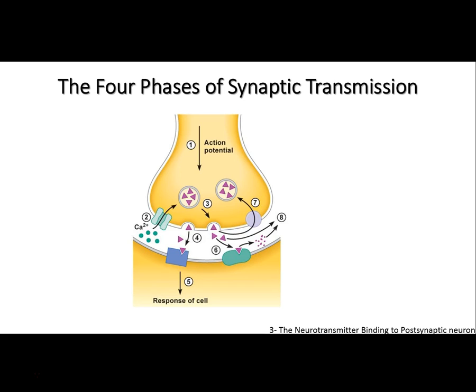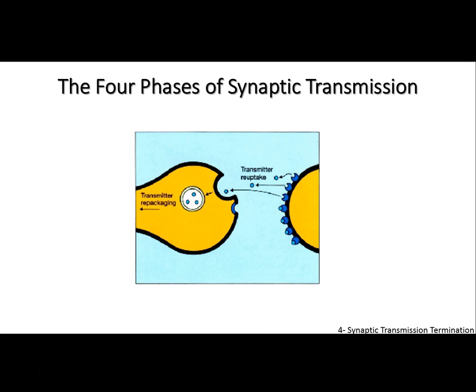Then we have the binding to the postsynaptic neuron, where after the neurotransmitter is released into the cleft, it can bind to a specific receptor that's located on the postsynaptic cell. And last but not least is the termination of the synaptic transmission.